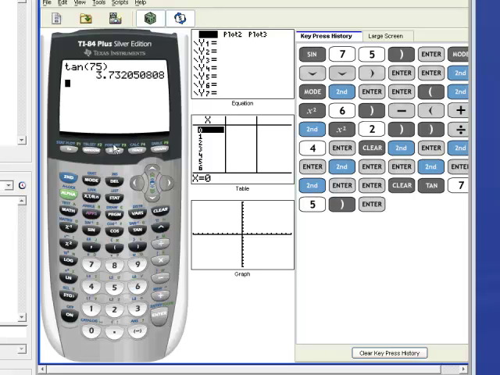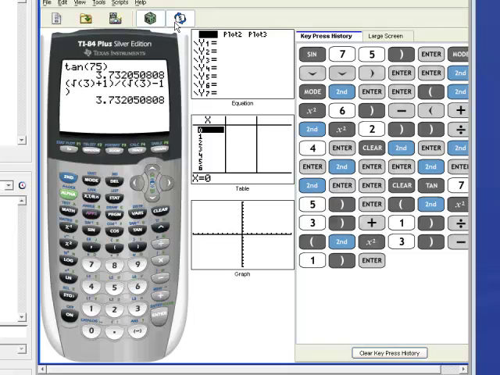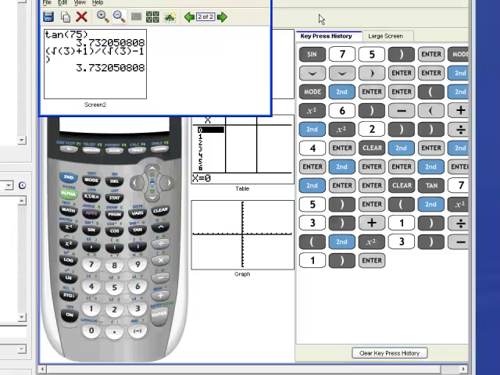Yeah, there you go, 3.73. And we came up with square root of 3 plus 1 divided by square root of 3 minus 1. Enter. Same thing, 3.73, so we did it correctly.